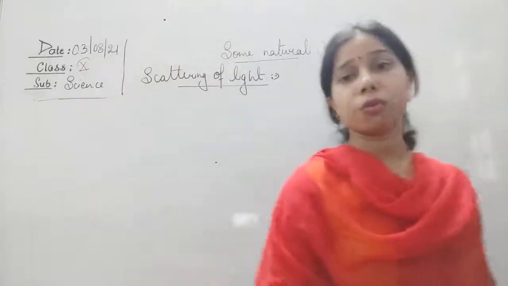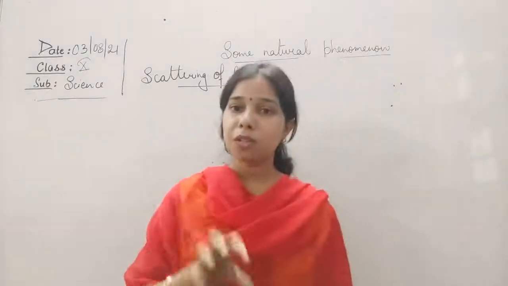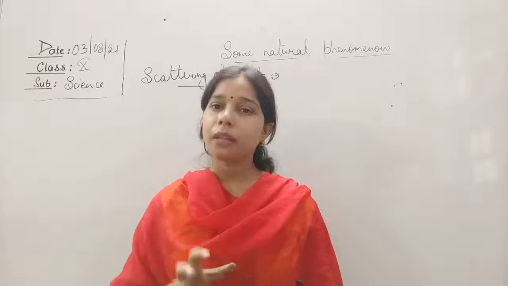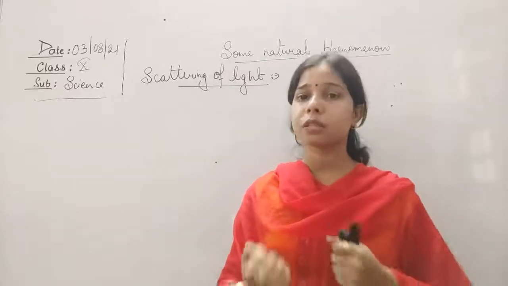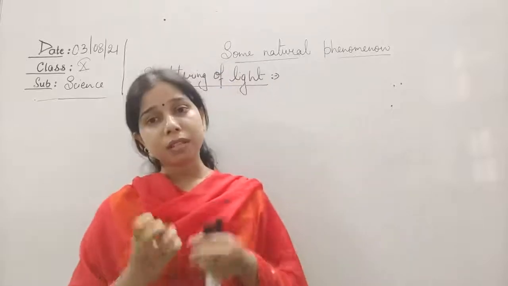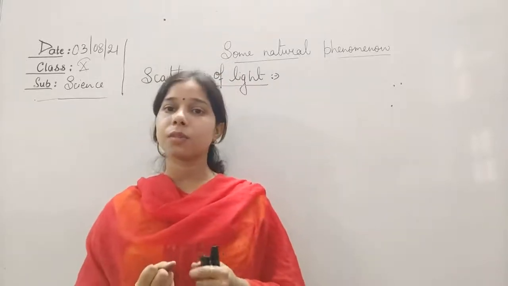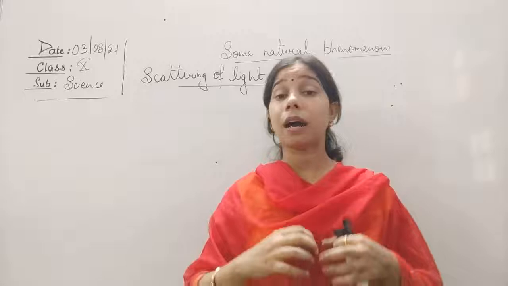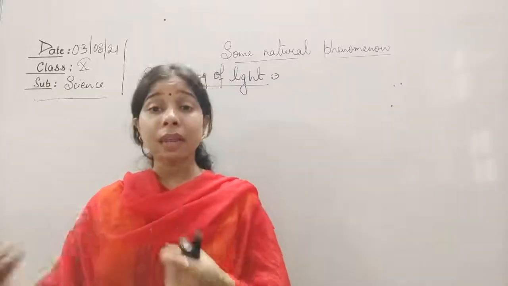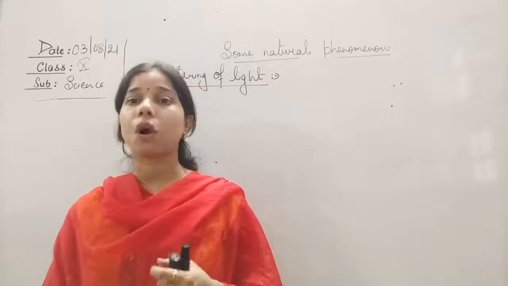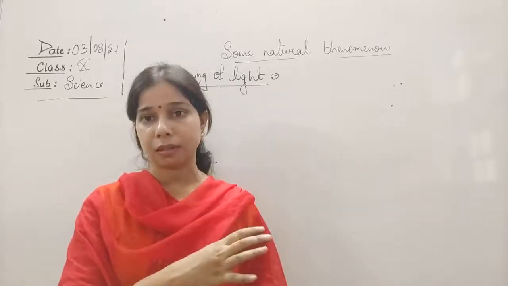Now see here, students, when the sunlight enters into the earth atmosphere, all the atoms and the molecules present in the atmosphere absorb the sunlight. Now this sunlight which is absorbed by the atoms and molecules again re-emit the sunlight. Then re-emission of the sunlight is called the scattering of the light.